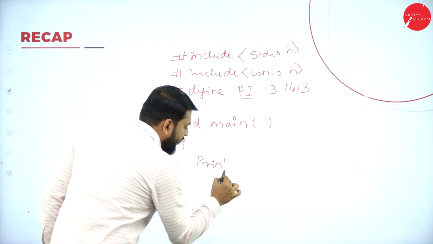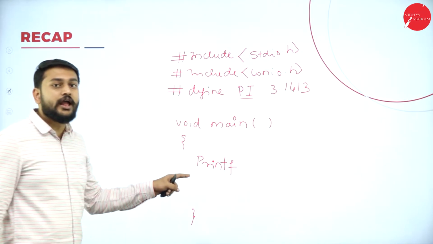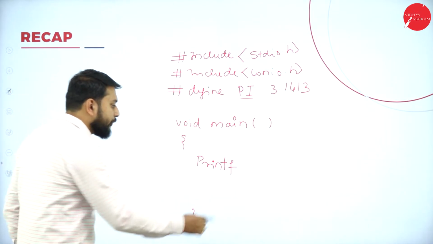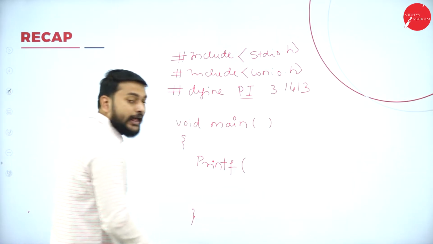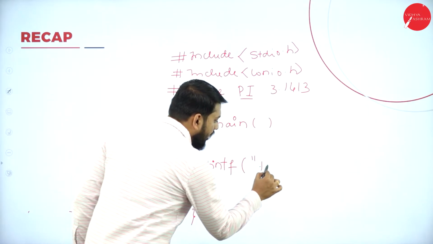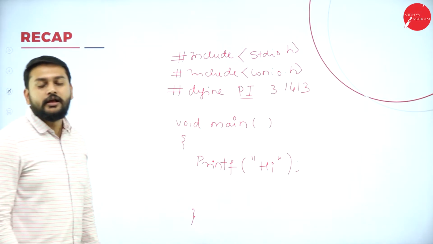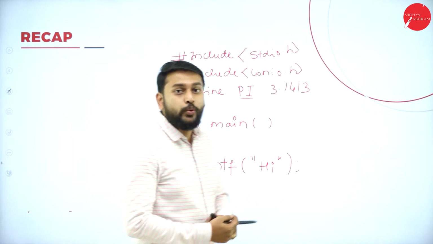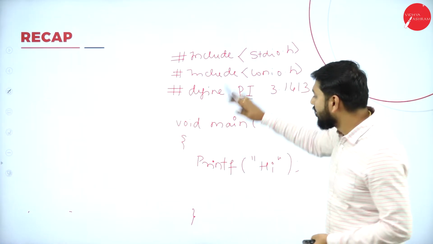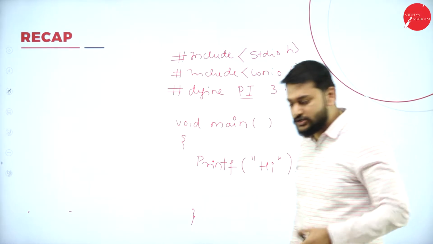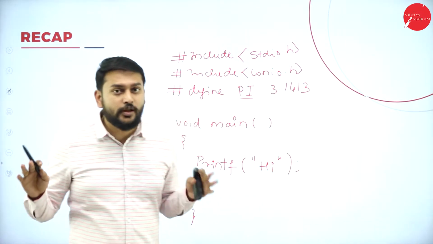If I want to print anything, what do I have to use? You have to use printf. Open parenthesis, within double quotes hi, close double quotes, close the parenthesis and end the statement with a semicolon. This is what we discussed in the previous session.